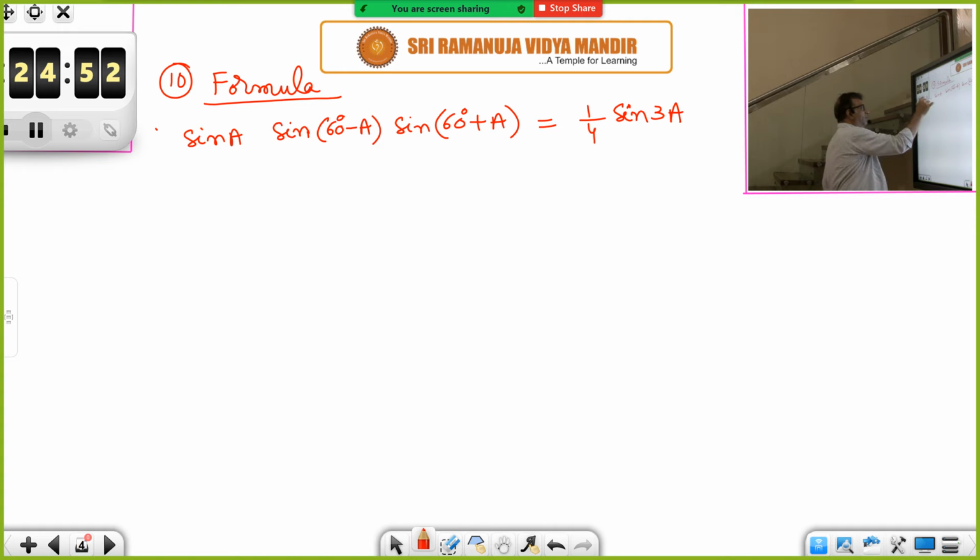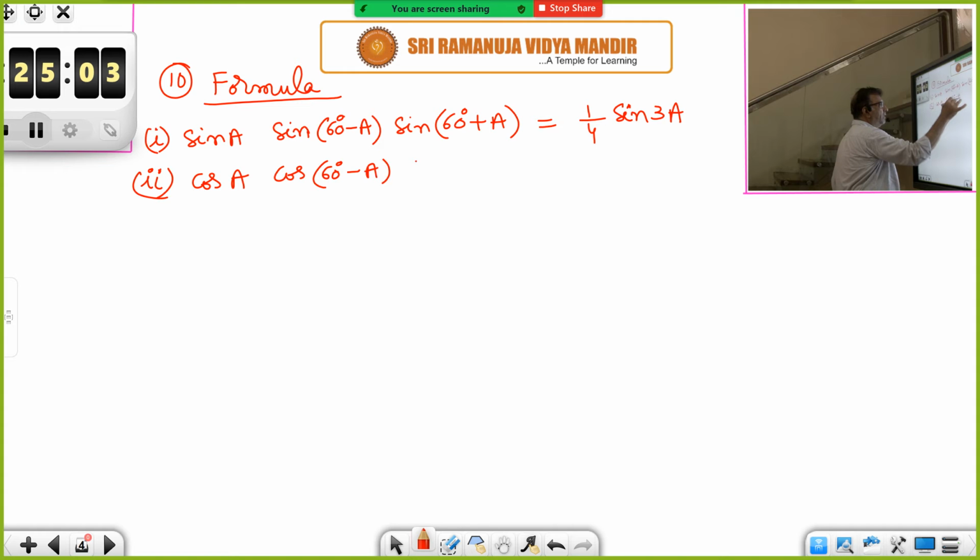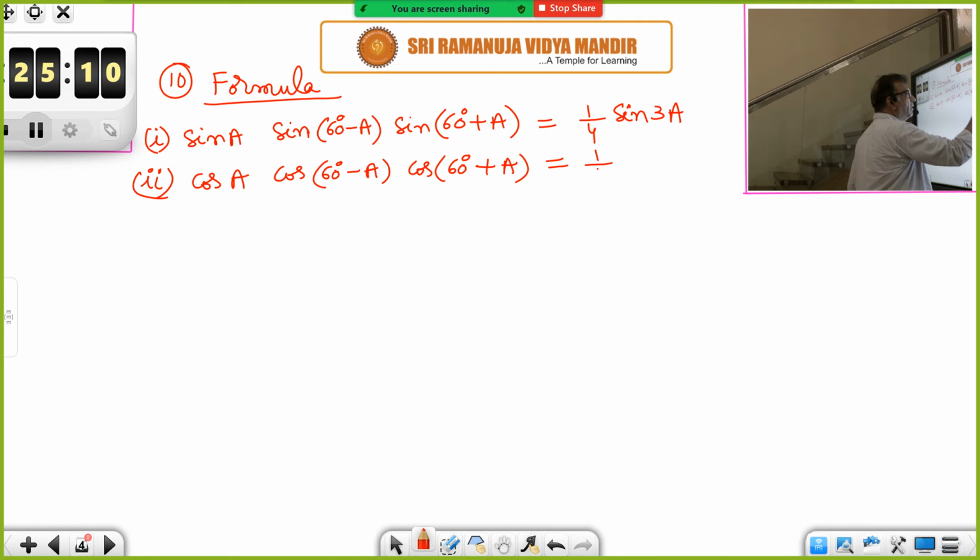This is the first one. Second one, cos A, cos 60 minus A, cos 60 plus A is 1 by 4 cos 3A.